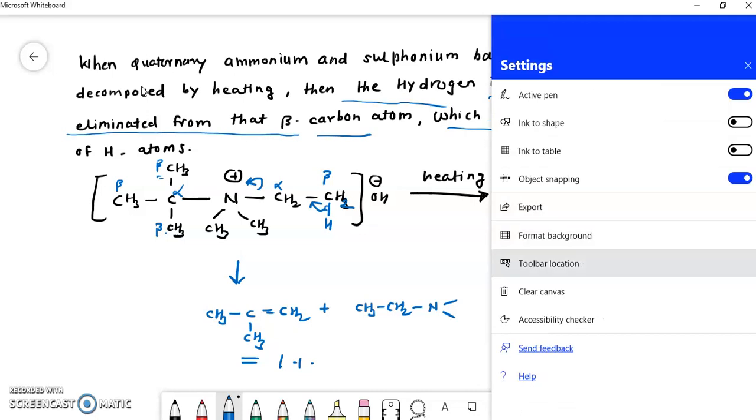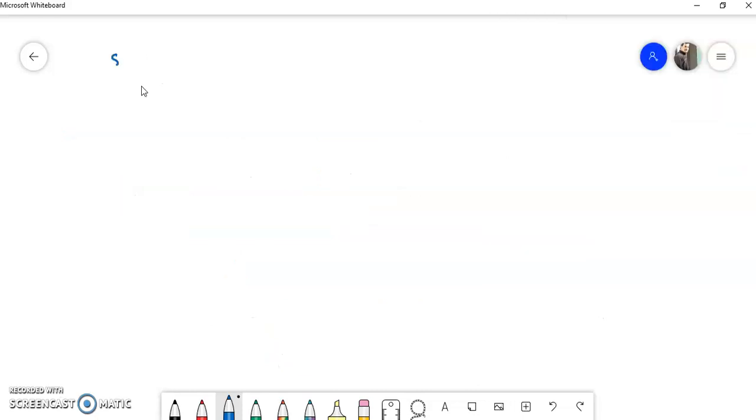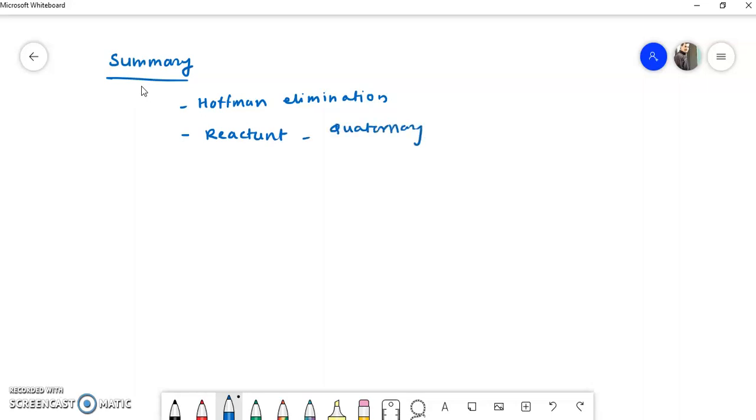So in summary, in today's video, we have seen the Hofmann elimination mechanism. Generally the starting materials for this Hofmann elimination are quaternary ammonium and sulfonium bases.